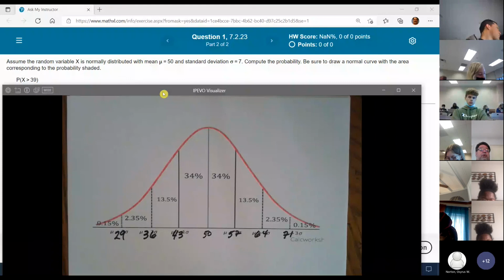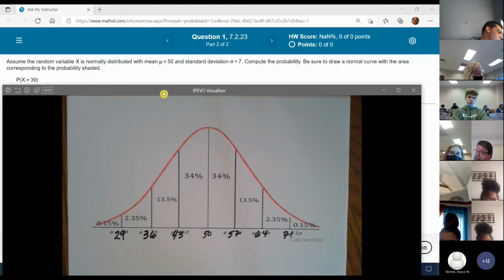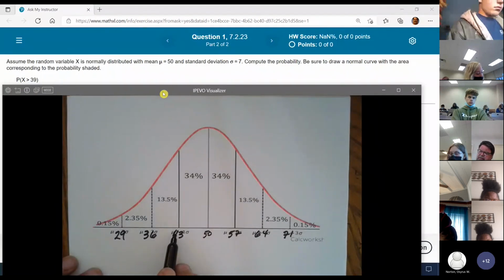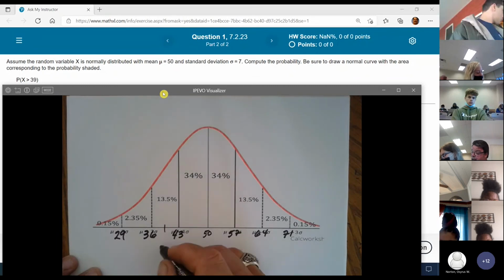And they want to know, what is the probability of your score being greater than 39? Now, is that greater than or equal to, or just greater than? So they just want 39. Where is 39 on here? Well, half of 7 is 3.5, so this right here will be 39.5.